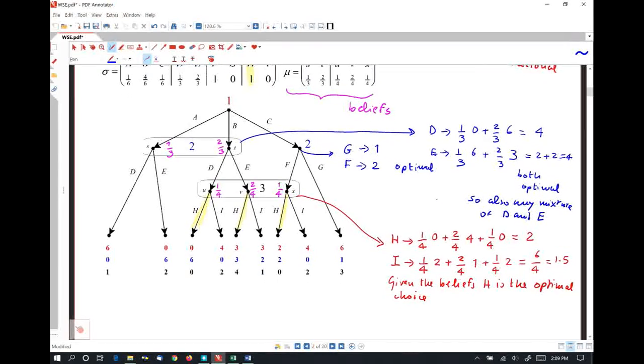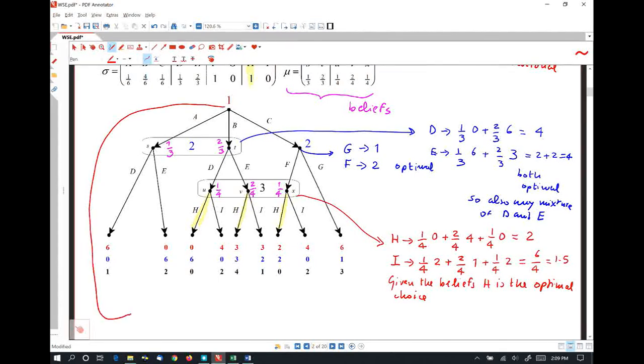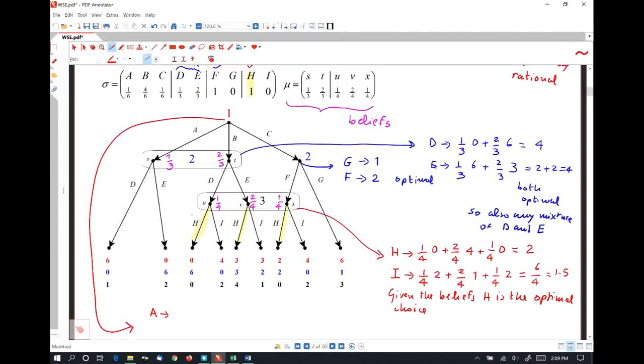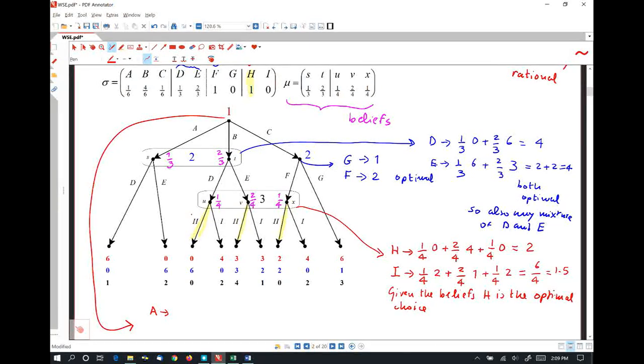And now let's do the calculations for player 1. So let's change to red. We look at player 1 at the root. If player 1 plays A, then what happens? We have seen that player 2 plays D with probability 1/3 and E with probability 2/3, right?